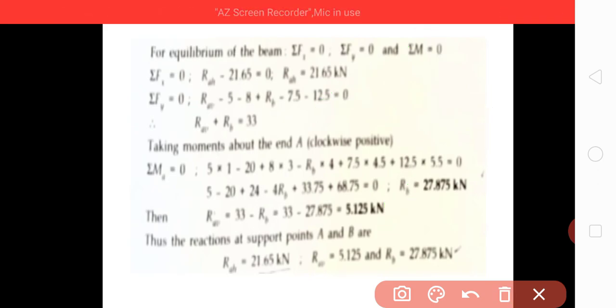Then 5 into 1, minus 20. Is this the moment given already, kilonewton meter, that is clockwise, so we have taken it negative? No. Let us go back to the last slide.